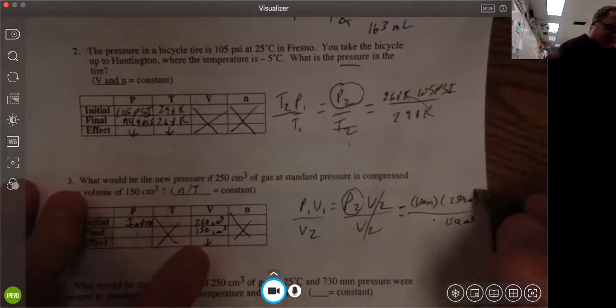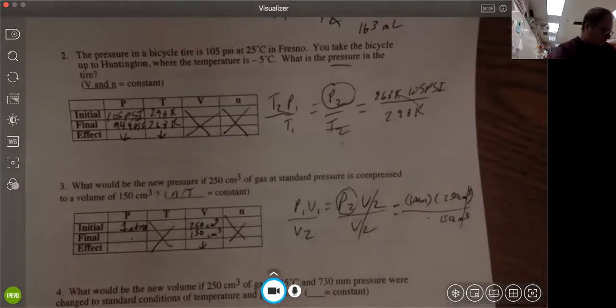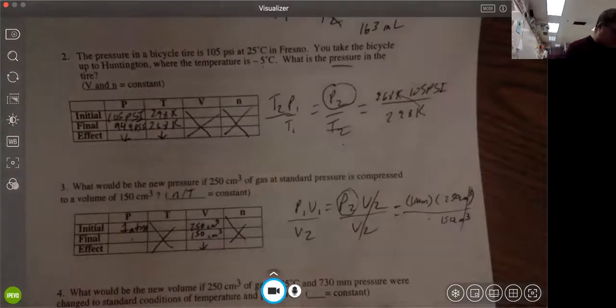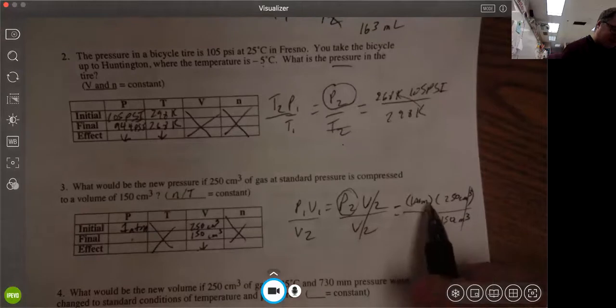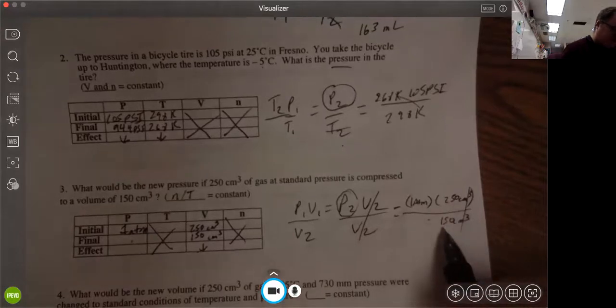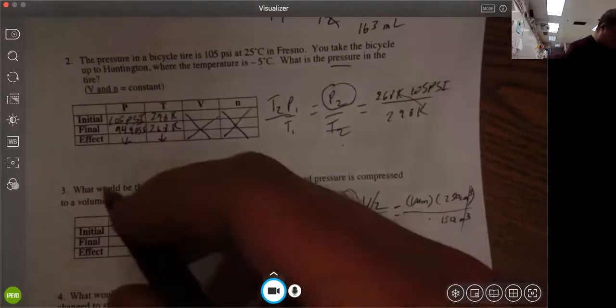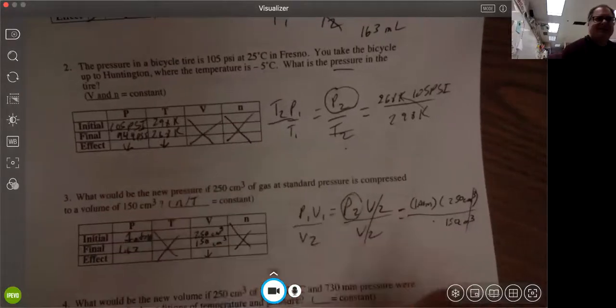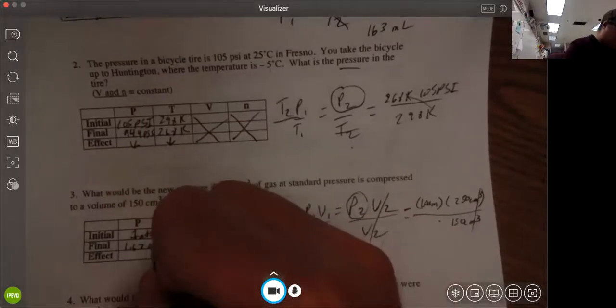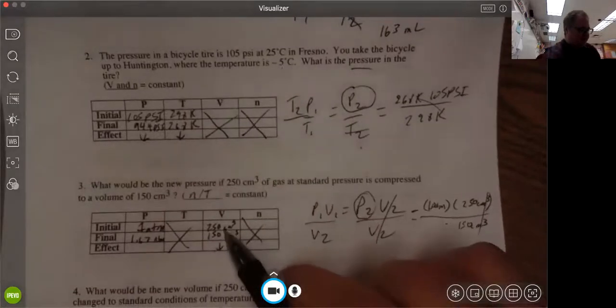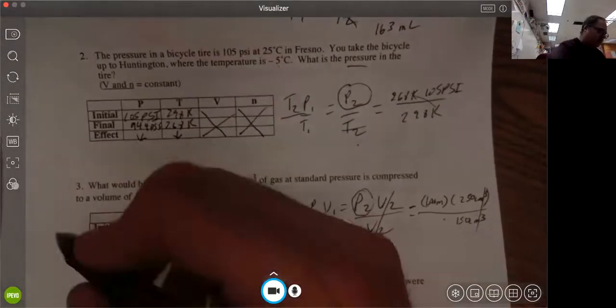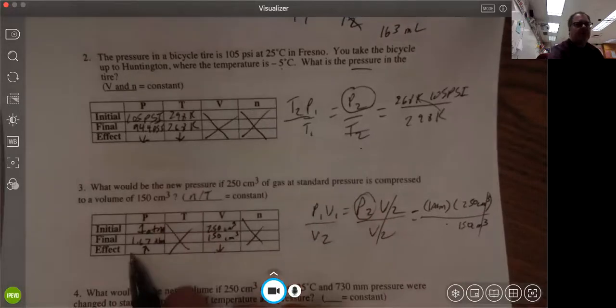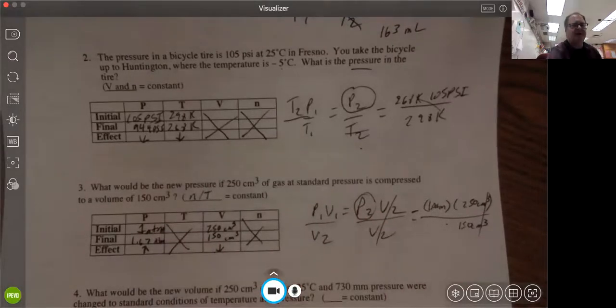Notice centimeters cubed will cancel. 1 times 250 divided by 150. That would be about 1.6666. So 1.67 atmospheres. We said that if the volume goes down, the pressure should go up, and that's exactly what we're seeing there.